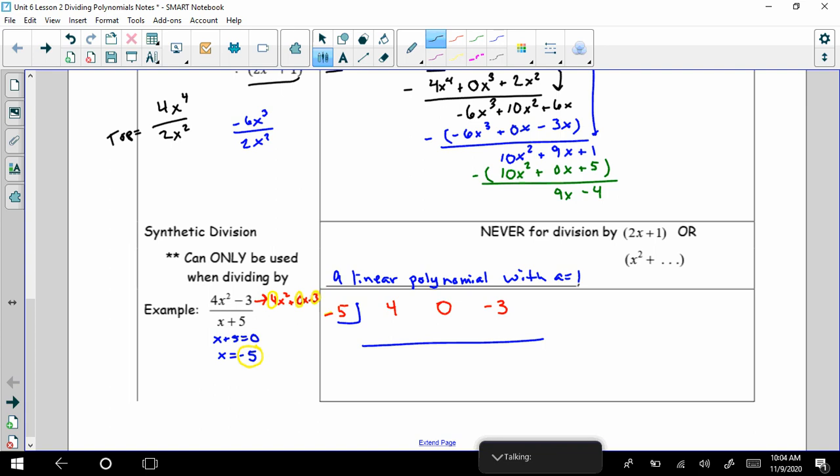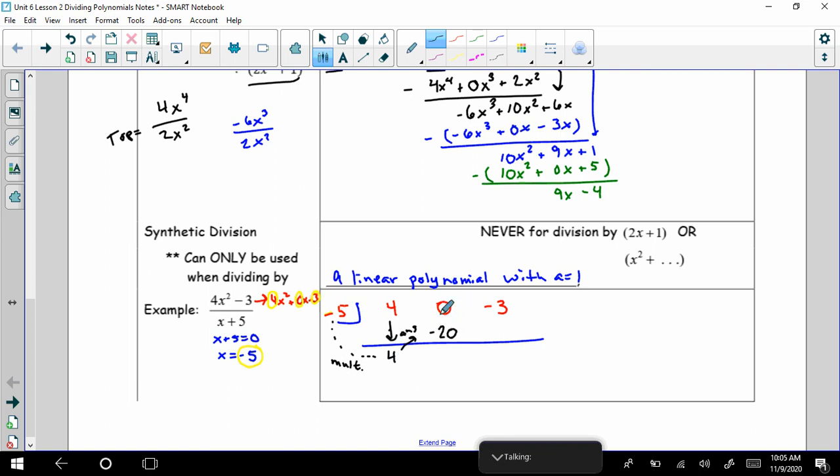Now, then you follow a process. We're going to drop down our first number, 4, and then we're going to multiply the outside times the bottom, and then our answer goes up. So negative 5 times 4 is negative 20.